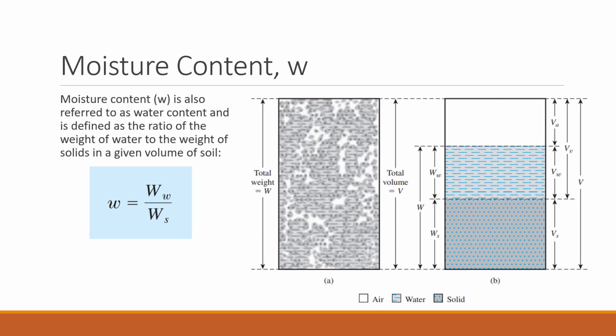So how do we know the weight of our water? In just a brief explanation on how we get the weight of our water from our soil sample, the moist soil sample that we have obtained from the field will be weighed. So timbangan na siya. And then after timbang, i-record to siya.